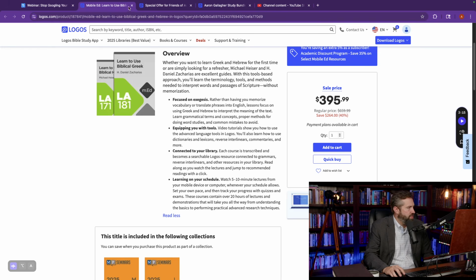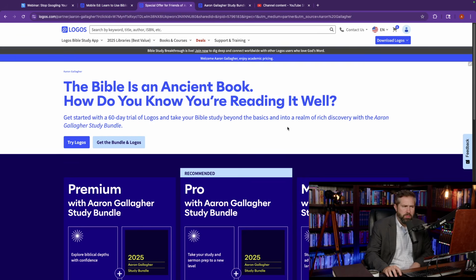Also, we're going to be discussing this. A few months ago, Logos reached out to me. I had been previously recommending the Academic Professional Package, which is still a great package. It's what I started with, and it has many of the resources that you need. But about a month or two ago, Logos asked if I would be interested in putting together a custom package with additional resources that would be good for members of the Churches of Christ.